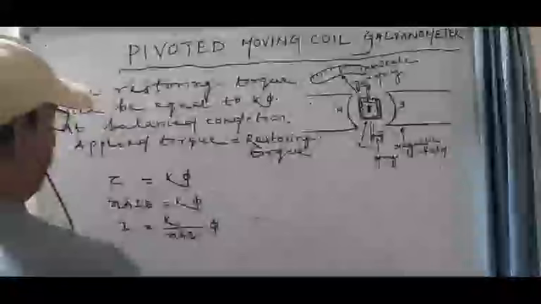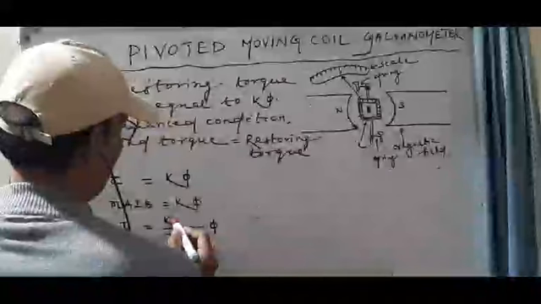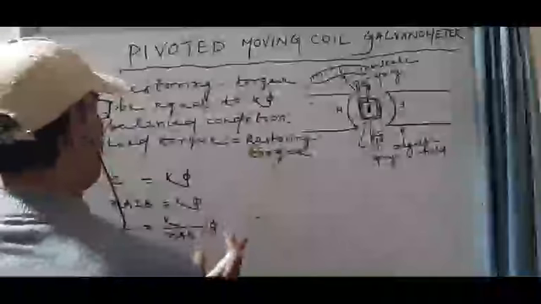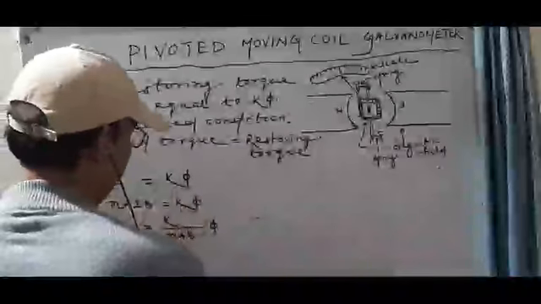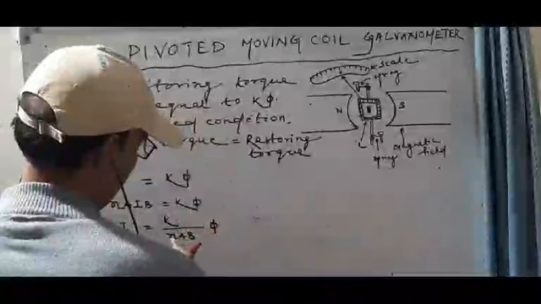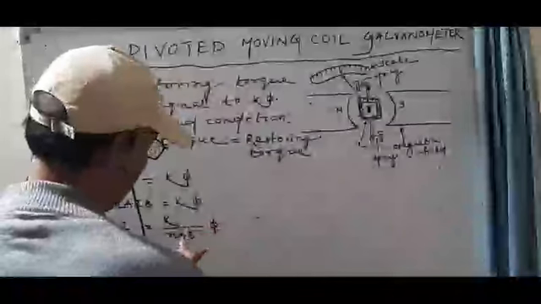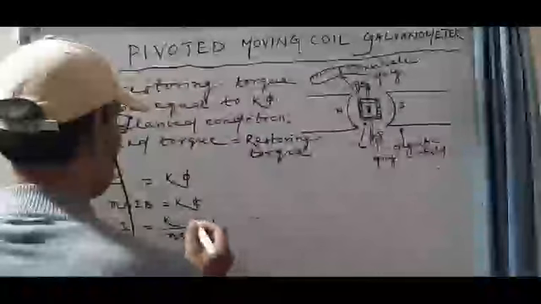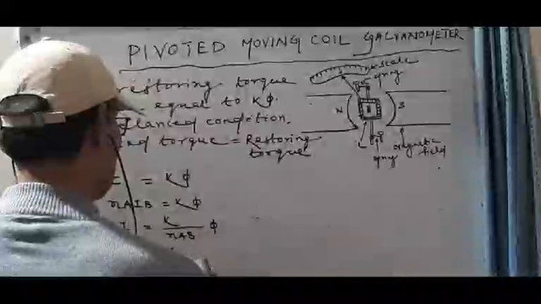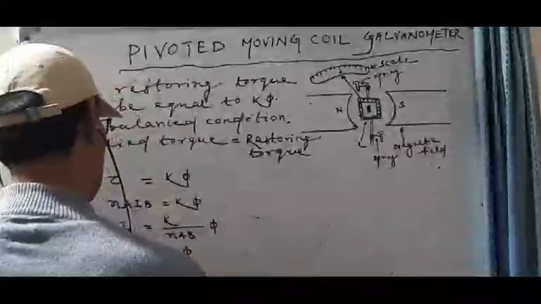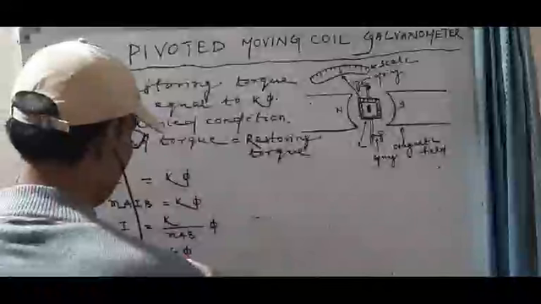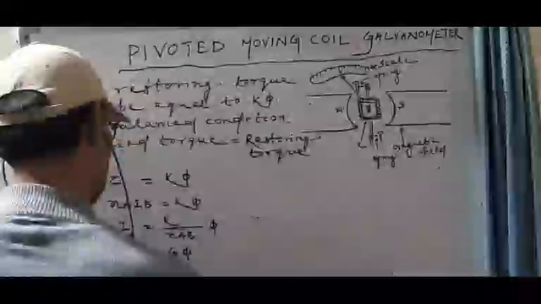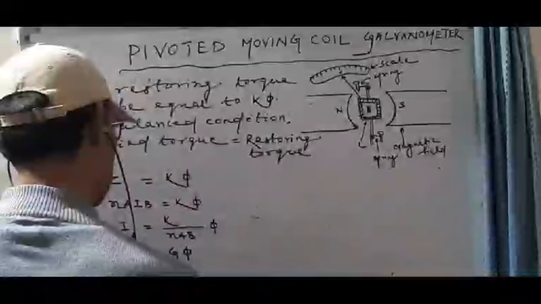Okay. So this K, what is it? It is the restoring torque per unit twist. So K is constant, N number of turns is constant, area of coil is constant, magnetic field strength is constant. So this all totality is constant, and that is taken as G. So I is equal to G phi. So G is constant. So we may say I is proportional to phi.